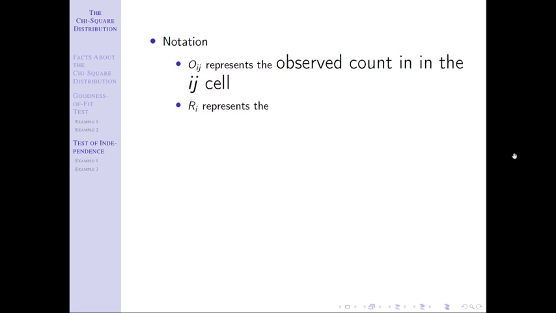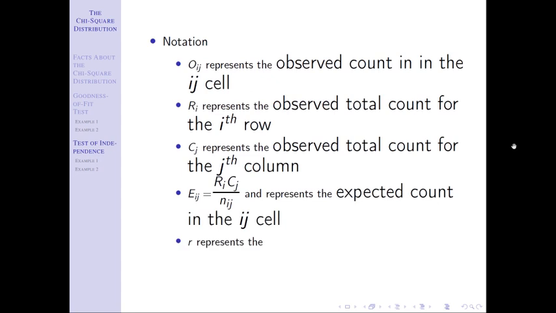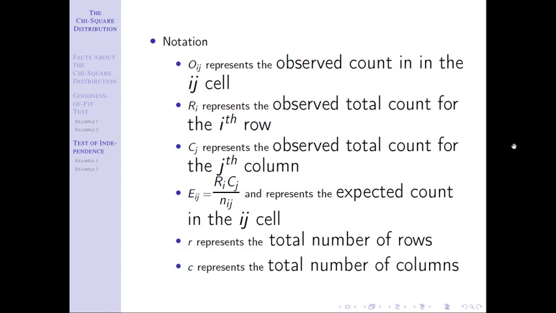The row variable is going to use the i, the column variable is going to use the j, and when we say capital R and capital C, we mean the total counts for that row and column. We have an expected count just like before, and then lowercase r and lowercase c are going to represent the total number of rows and columns.